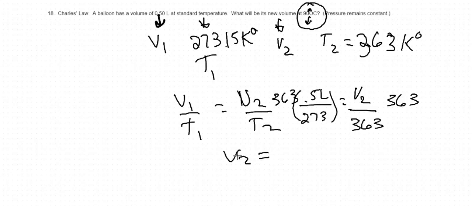Wait a minute, why is that number so big? I don't know. You don't multiply both of them by that. You just multiply the top by the top and divide by the bottom. That would make sense, because that's a really big number. 0.665. So it increased. All right, that's not too hard at all. Pretty simple.